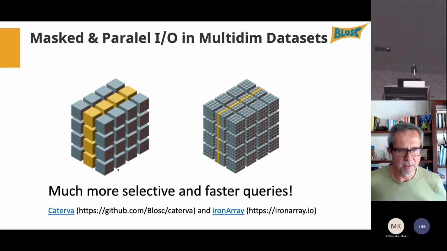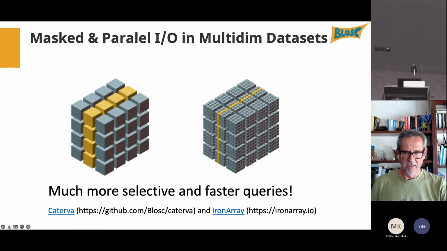So let me explain a little bit what this selectivity is about. On the left side, we see the typical HDF5 container. Let's suppose that we want a thin slice in the middle of the hypercube. In that case, we are forced to read the whole chunks that are part of the interesting data.